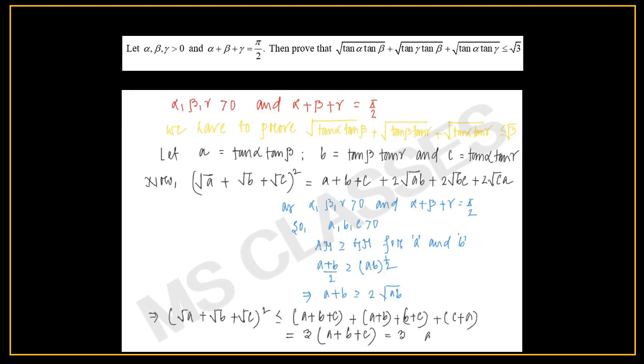As we can say, A plus B plus C equals tan alpha tan beta plus tan beta tan gamma plus tan alpha tan gamma equals 1, as alpha plus beta plus gamma equals pi by 2.